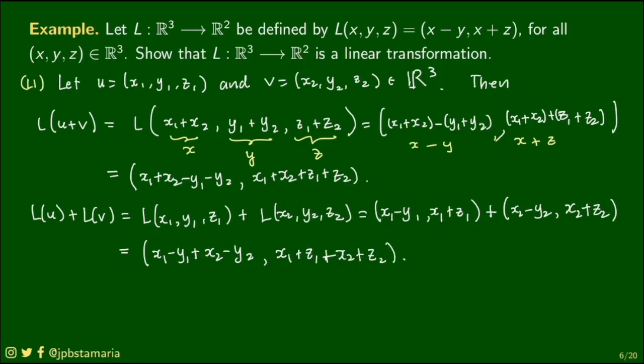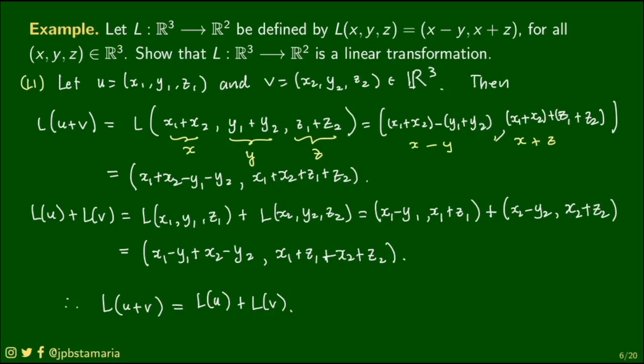Notice that if we compare these two ordered pairs in R2, because the components are real numbers, the xi's and the yi's and the zi's are real numbers, addition is commutative. As you can see, this expression is equal to this expression. Similarly, this expression is equal to this expression. Therefore, we can confirm that the image of the sum u plus v under L is equal to the sum of the images of u and v under L. That proves that equation L1 holds.